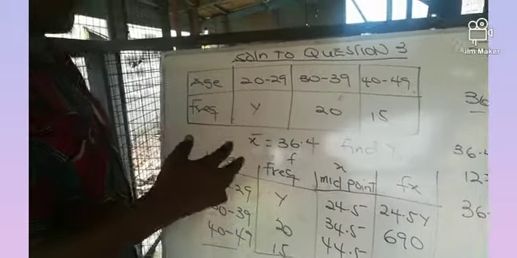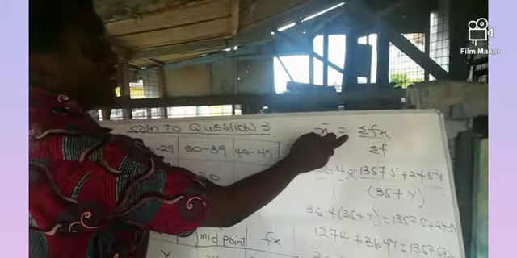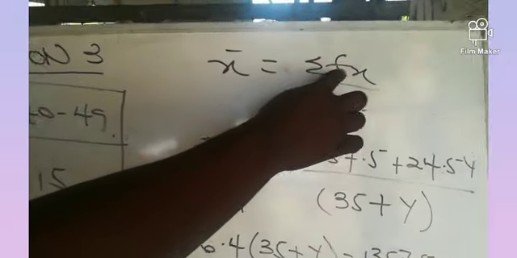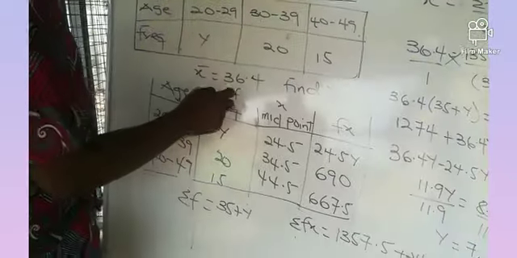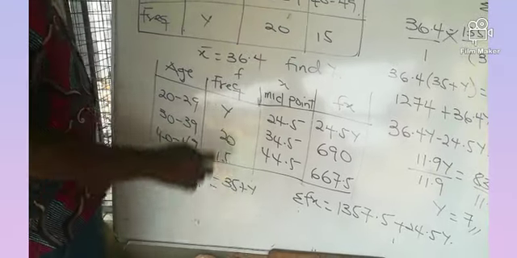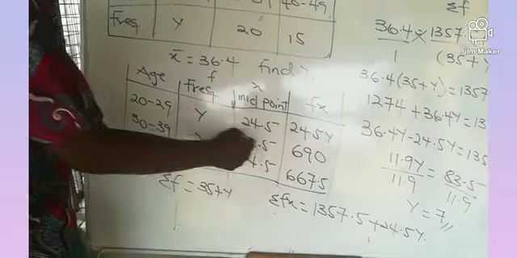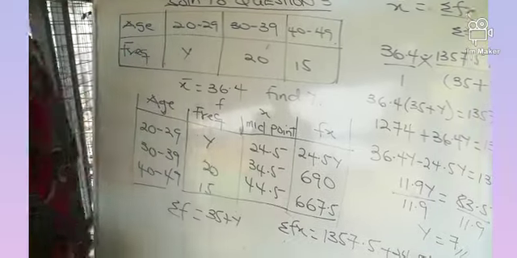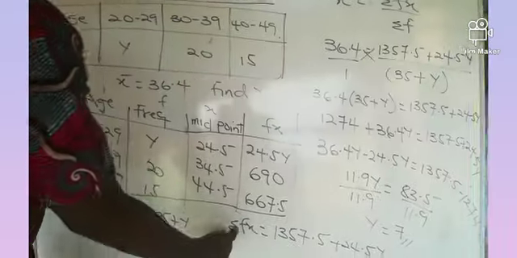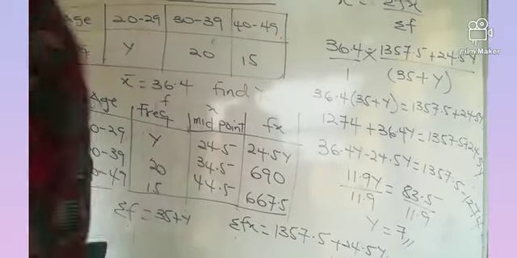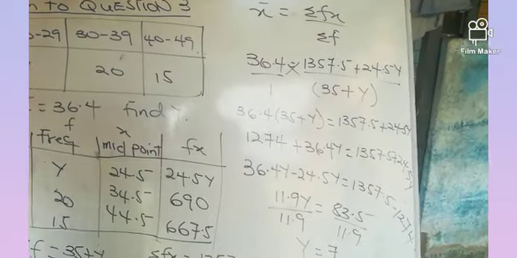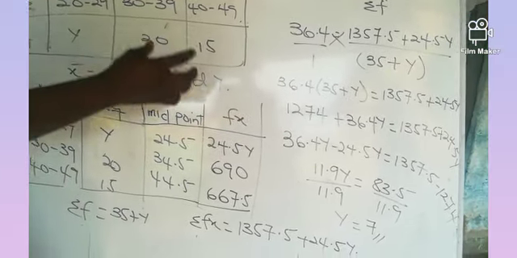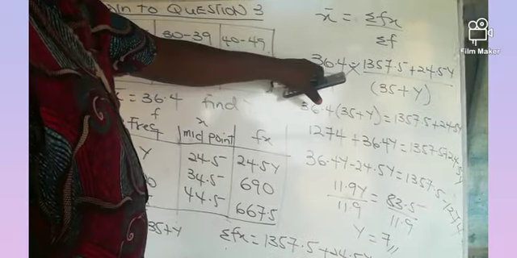But what is the formula for finding mean? Mean is equal to summation of fx over the summation of f. So you find the summation of f over here. Summation of fx. This is now our f and this is our x. This times this will give us our fx. This times this fx. This times this fx. So after getting that, you will find the summation of fx, and this is what you get. Now you can substitute it in the mean formula. But the mean was given to you in the question so that you can find y. So this is the mean.